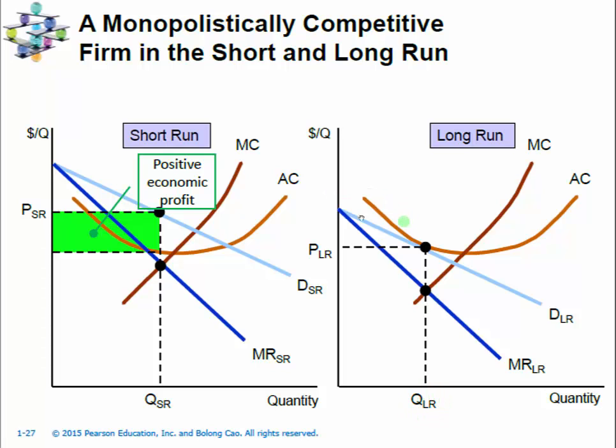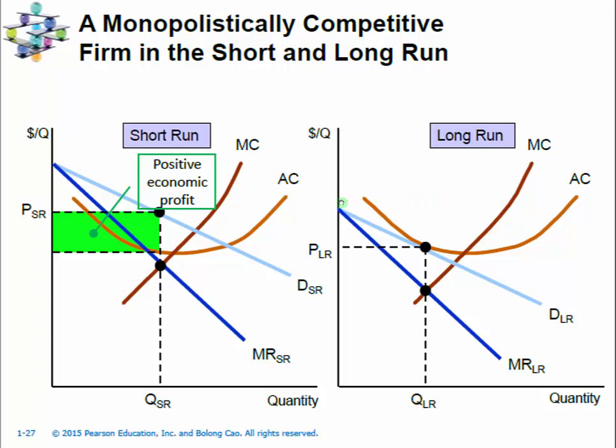However, because demand has declined, this quantity can only generate a long-run price equal to their average cost. So, in fact, we are looking at a demand curve that is tangent to the average cost curve at this particular Q_LR quantity, which is determined by the profit maximizing condition, MR equal to MC.